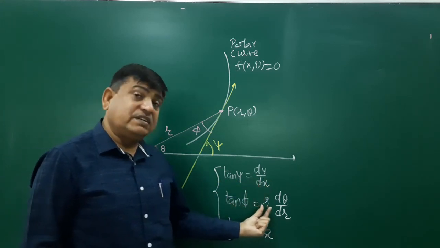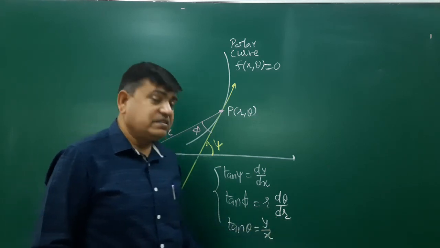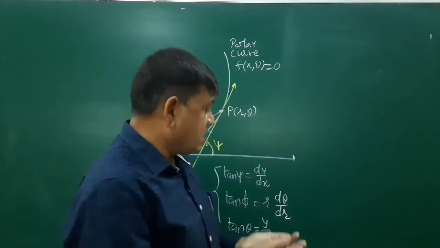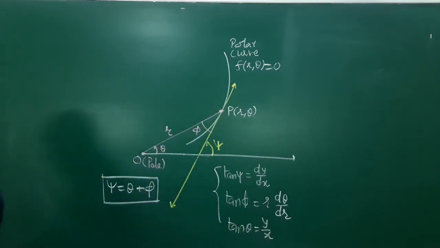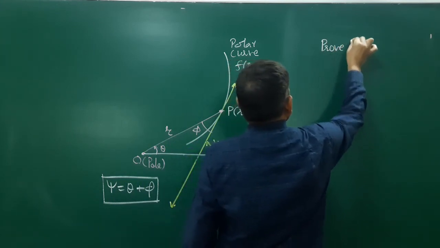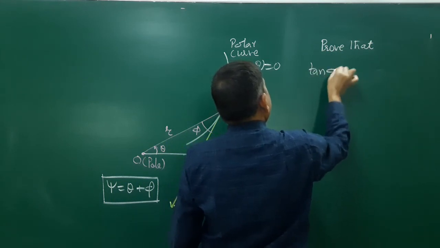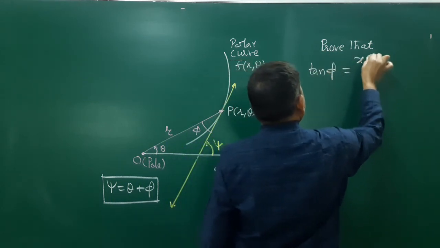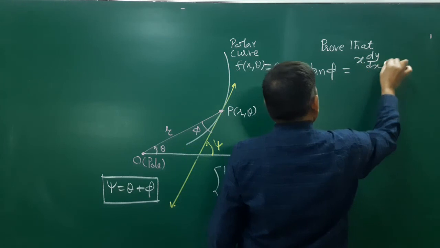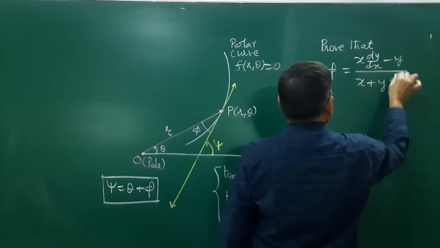Tan phi, yesterday we defined, is r d theta by dr, and tan theta is y upon x. Now let us consider one question on this. Prove that tan phi equals x dy by dx minus y upon x plus y dy by dx.